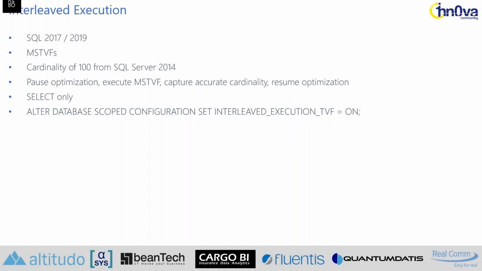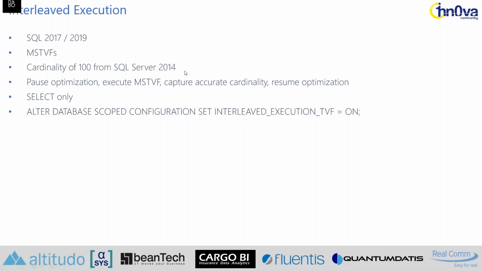This way, SQL Server knows the exact number of rows coming from the multi-statement table valued function and has the ability to make a better execution plan. This also applies to select-only queries.